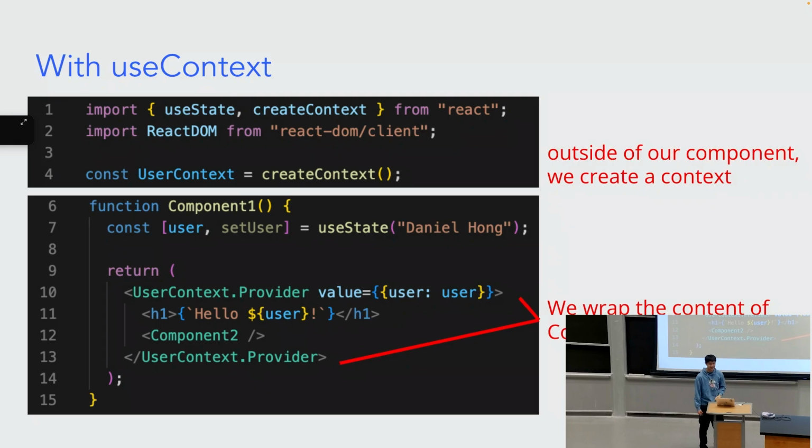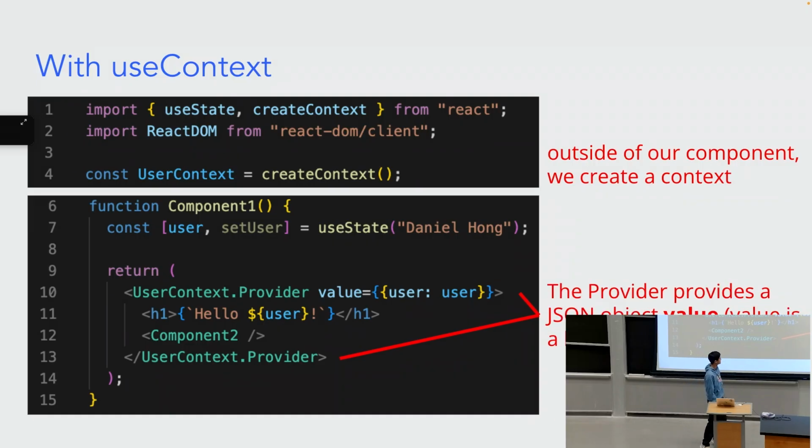It's essentially just an element that does nothing visually, but it allows everything inside of it to see whatever it's providing. And here we're providing the value of user. So providers have a special keyword called value, and here we basically give it a JSON object where the user is our user state.